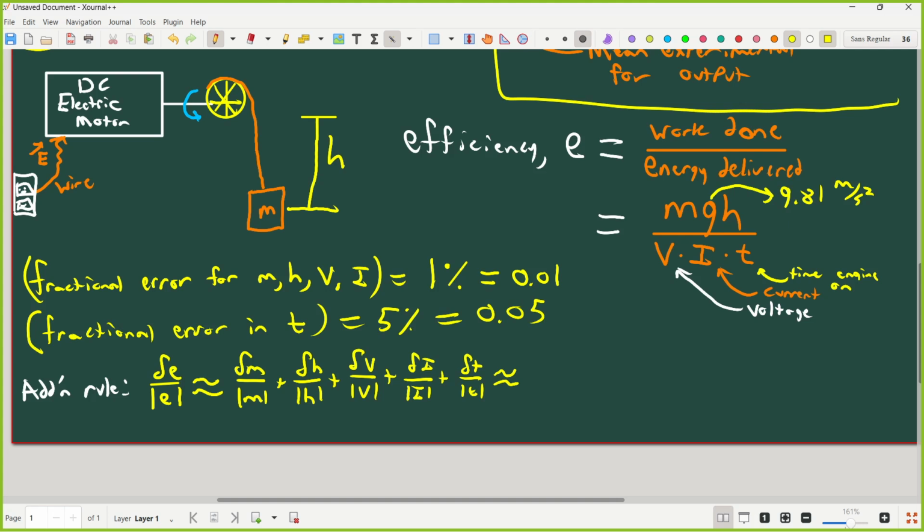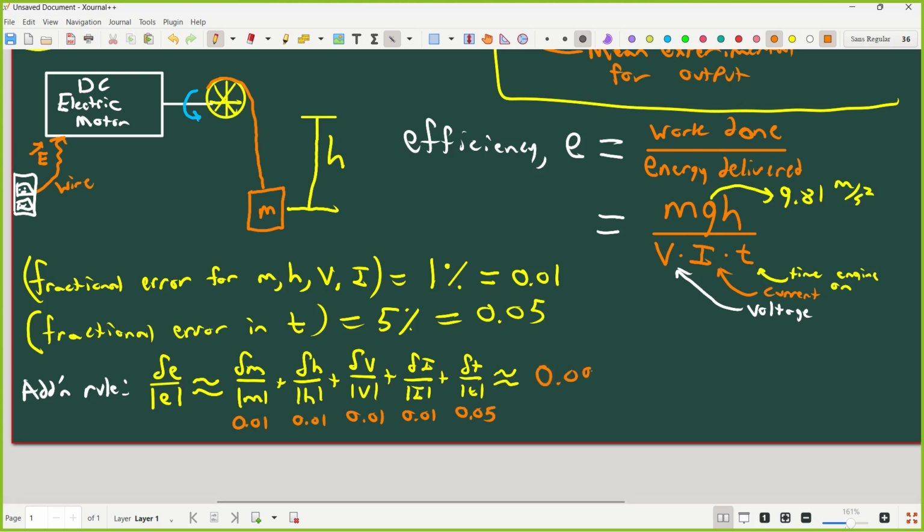So the really easy thing we can do is just say, well, let's see. We have 0.01, 0.01, 0.01, 0.01, and this is 0.05. So let's just add them up. That's 9. We have 4 ones and a 5. That's 0.09, and this would say that our percent error or our percent uncertainty in our efficiency is 9%.